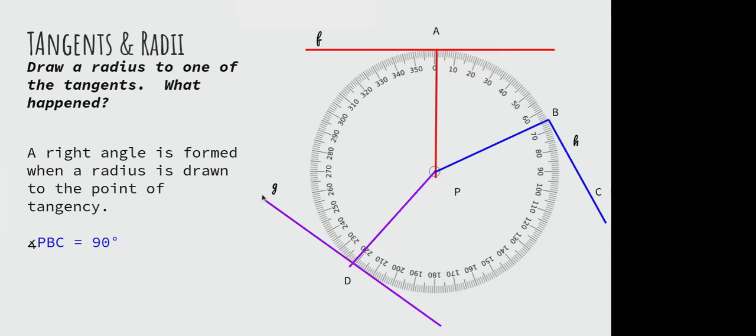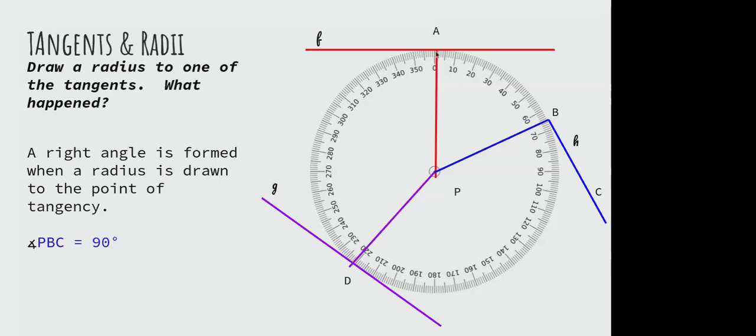PDL, because we went to the left, is 90 degrees. So on either side it's 90 degrees. Where the radius touches the point of tangency, they form right angles.